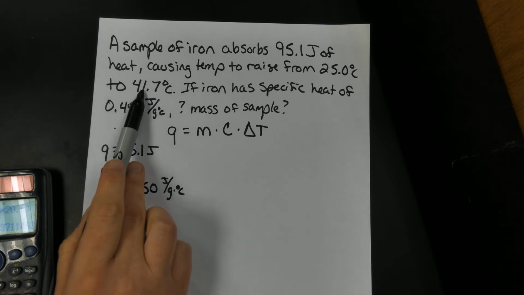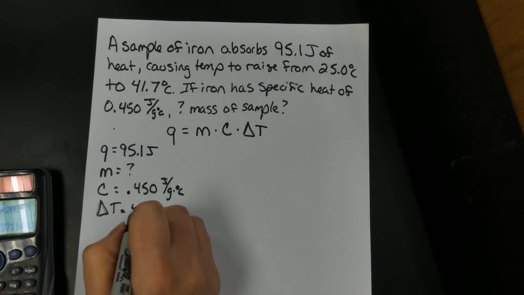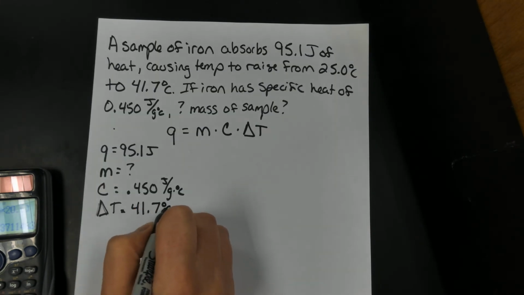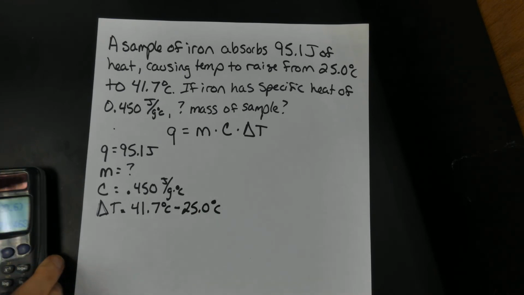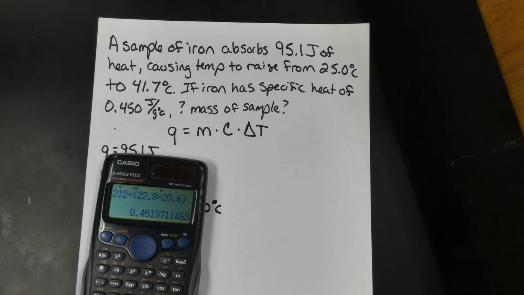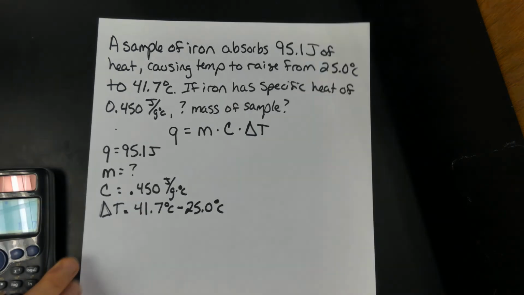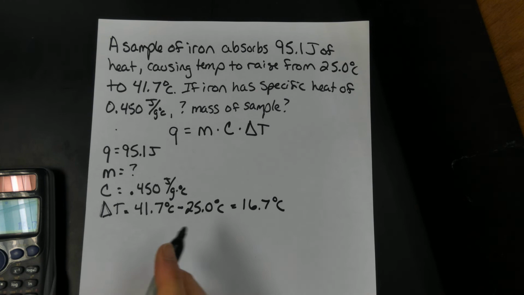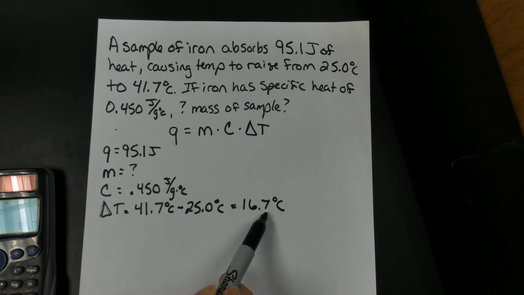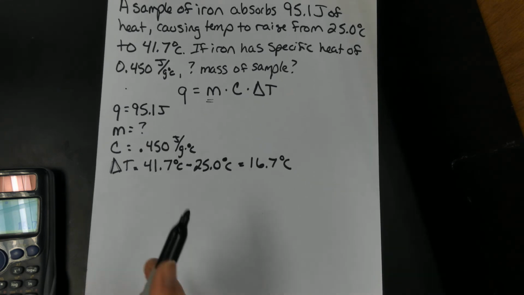It's going to be my final minus the initial, so 41.7 degrees Celsius minus 25.0 degrees Celsius. Let's calculate that real fast, because I will not do this in my head. I won't do that to you guys. That's 16.7 degrees Celsius.